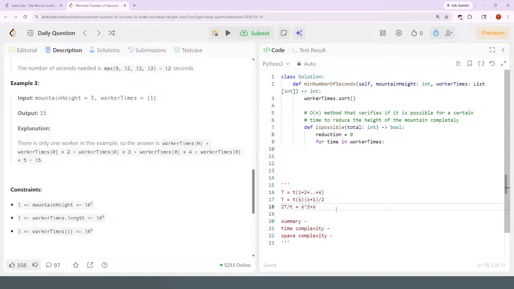x squared plus x, times x plus 1, n times n plus 1 over 2. 1 plus 2 plus 3 plus dot dot dot.